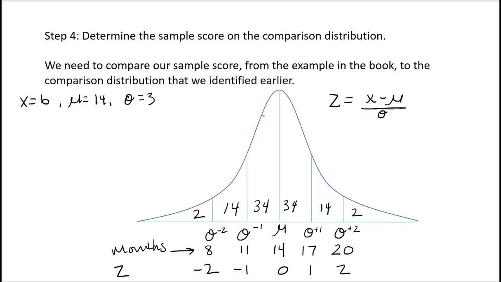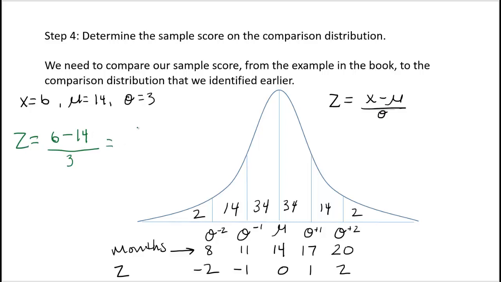And so I'm going to use that formula, and I'm going to just plug in some numbers here. So z is equal to, x in this case is our raw score, which is 6, minus the mean, which is 14. Remember, that's the population mean, divided by the population standard deviation, which was 3.